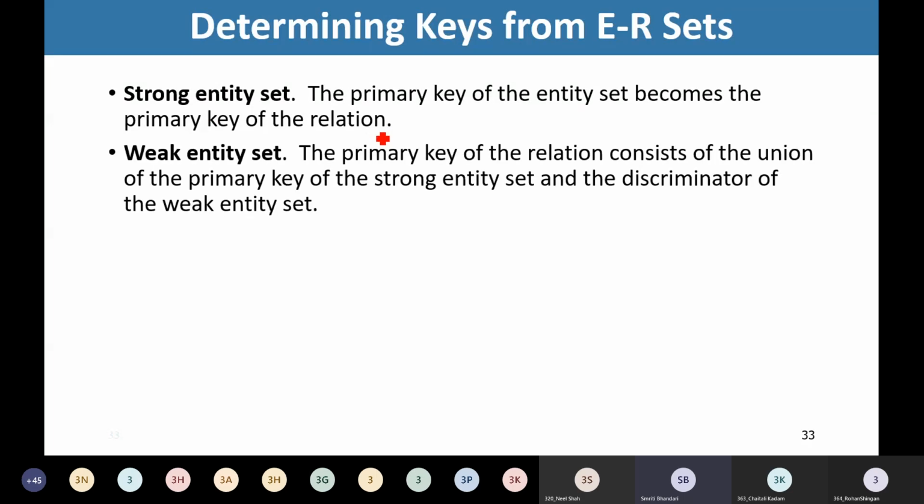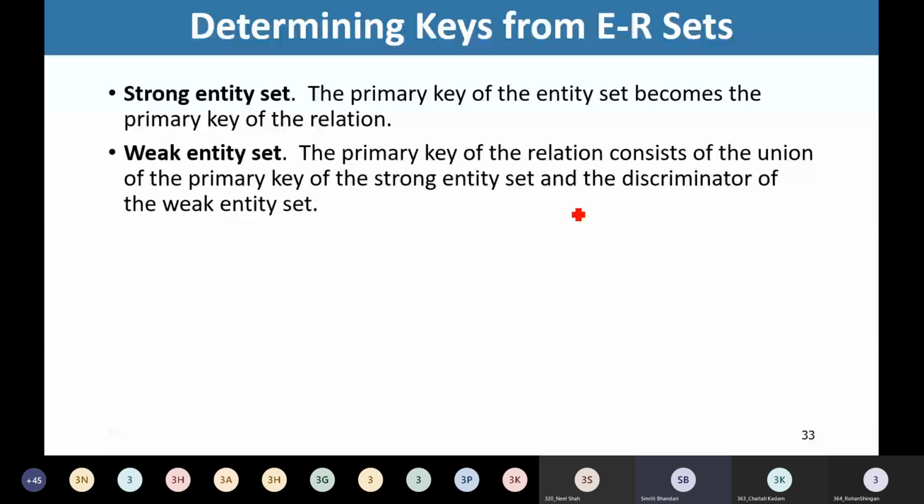As far as weak entity sets are concerned, the primary key of the relation consists of the union of the primary key of the strong entity set and the discriminator of the weak entity set.